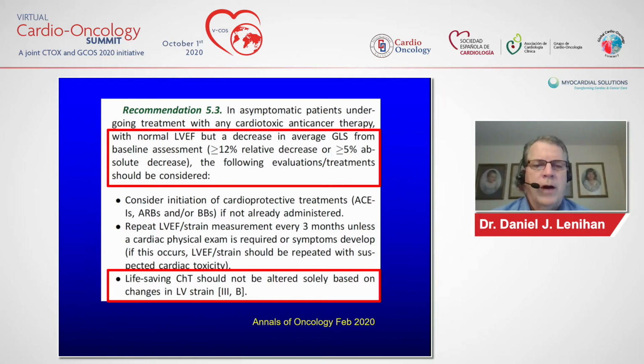Also, to follow these strain measurements every 3 months as a process of monitoring for cardiotoxicity. But we couldn't come out very strong in terms of what action points there are in regards to strain. So the final bullet there, that life-saving chemotherapy should not be altered solely based on changes in left ventricular strain, is just an acknowledgement that we didn't know as much as we should.